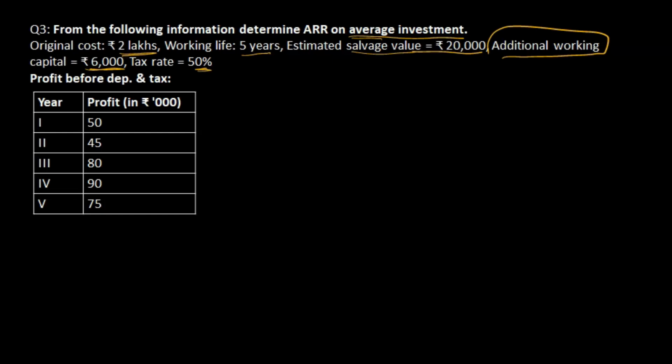Tax rate is 50%, and profit before depreciation and taxes is given for 5 years. Here they have already told us that we need to calculate ARR on average investment. That means in the denominator we need average investment.